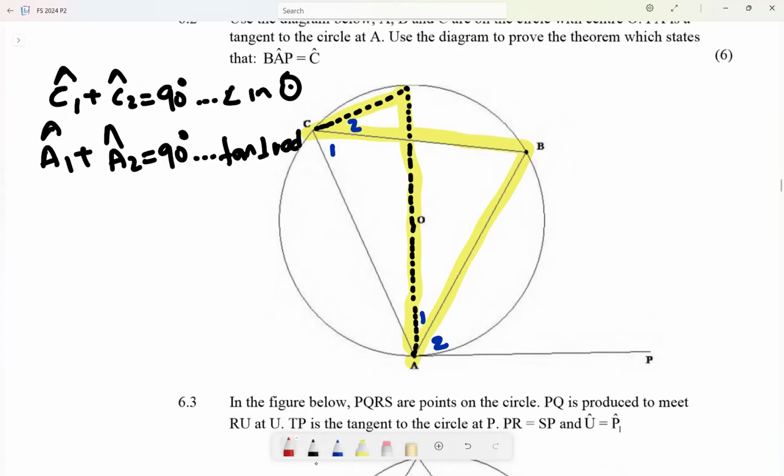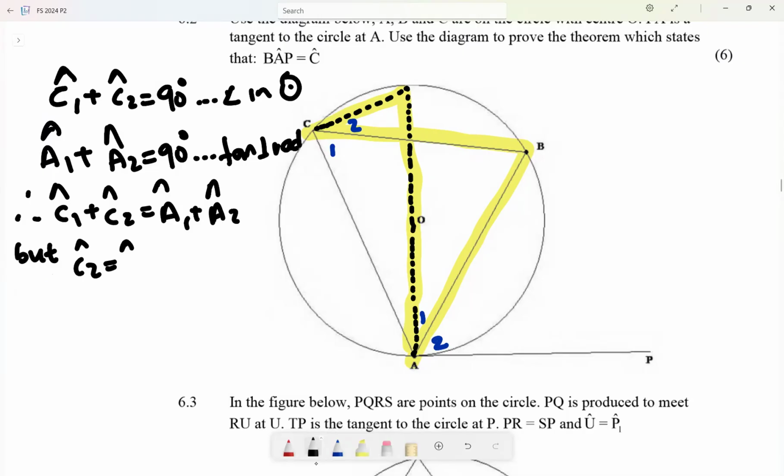So I can say, therefore, angle C1 plus angle C2 is equal to angle A1 plus angle A2, right? But C2 is equal to A1. Why? Angles in the same segment.